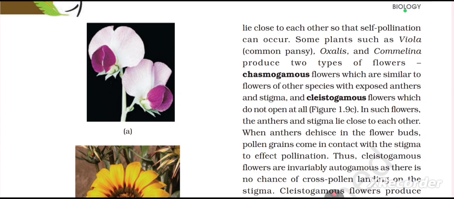In such flowers, the anthers and stigma lie close to each other. When anthers dehisce in the flower buds, pollen grains come in contact with the stigma to effect pollination. Thus, cleistogamous flowers are invariably autogamous as there is no chance of cross-pollen landing on the stigma.